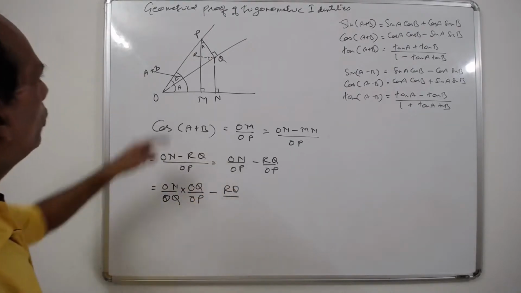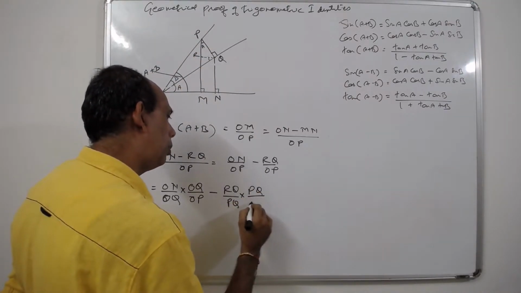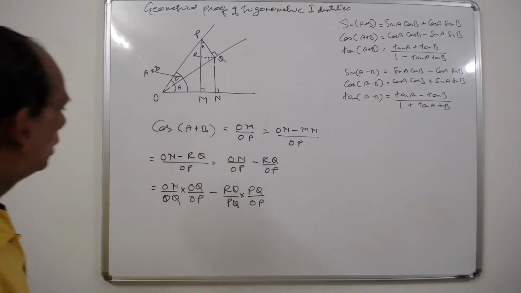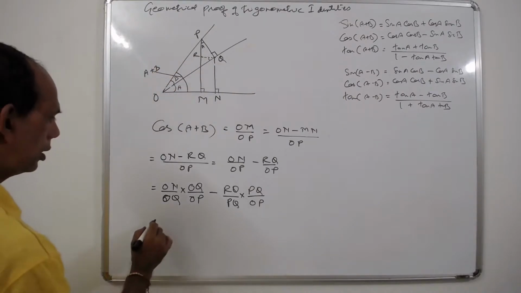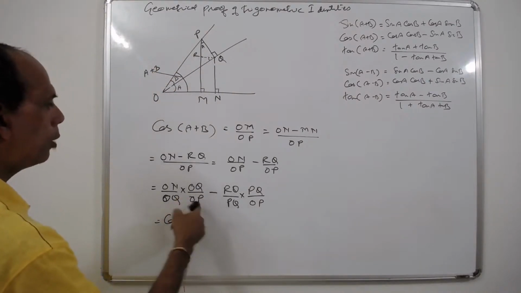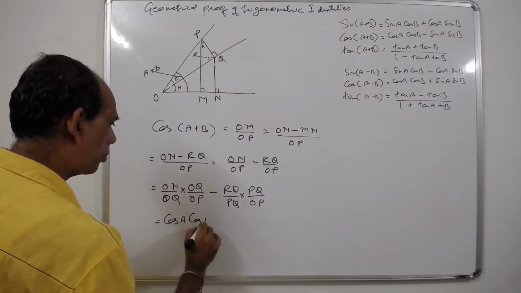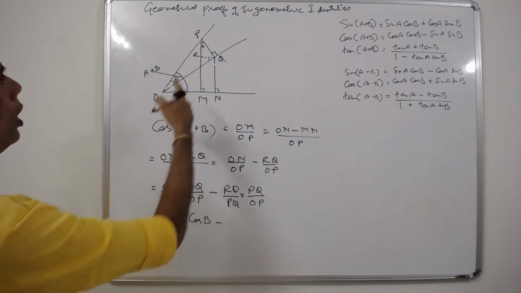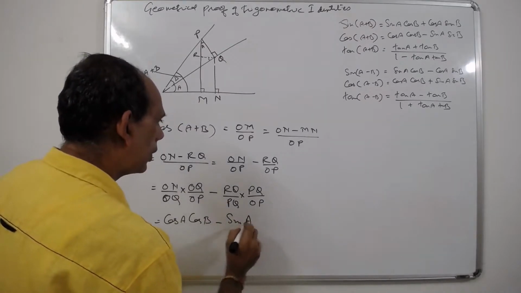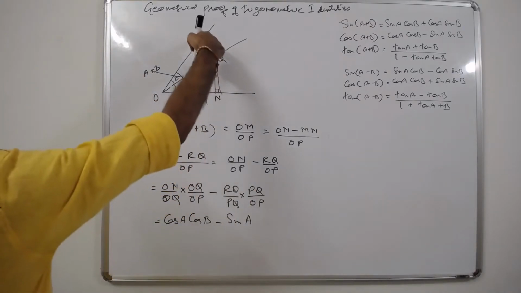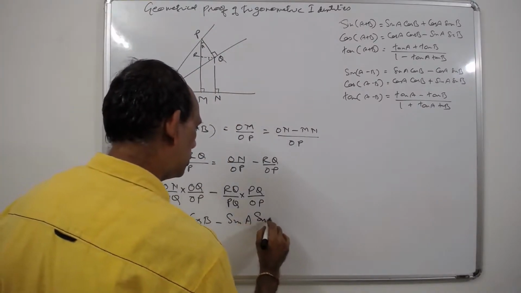What do you divide this RQ with? PQ. Again multiply with PQ upon OP. See what we get now? ON upon OQ is nothing but cos A. OQ upon OP is cos B. Minus RQ upon PQ, which is sin A. And PQ upon OP, that's sin B. Right?